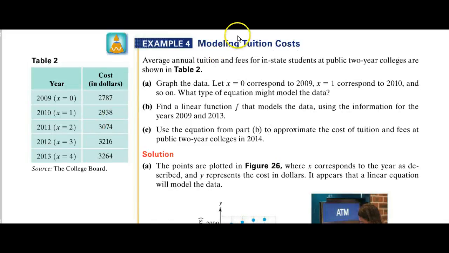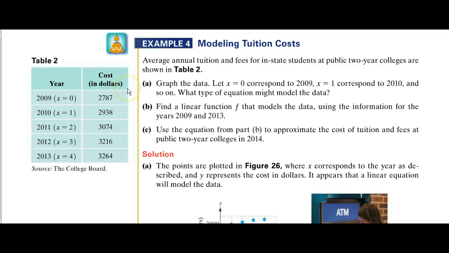Now, in this example, they'd like us to model tuition cost, where in this column will be the years, and we'll say our first year was when we started, and that would be our 0 year, and then 1 year after each of these dates, and then this was the cost.